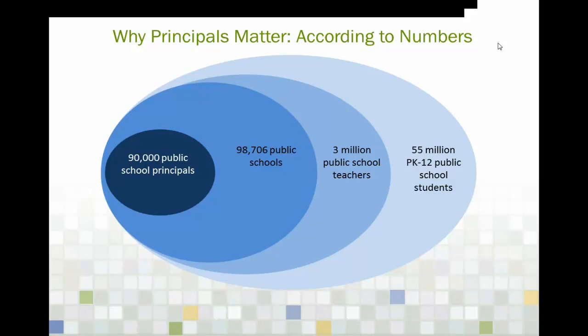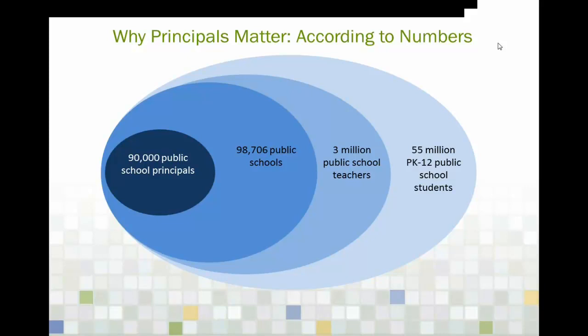Principals oversee the work of teachers and set the tone really for what occurs in those public schools. Unlike many other professions, they have that responsibility. And so if we're looking at improving instructional quality and the quality of learning for students, it might behoove us, I think, to focus on the work of principals so that their practice is as best as it can be.